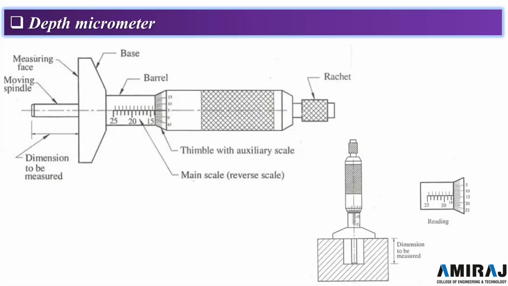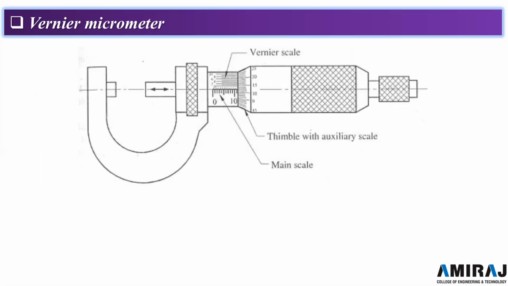The digital micrometer has only one digital indicator which directly reads the reading, similar to this vernier micrometer, and it has only simple on/off buttons or a reset button, so we can take the reading with simple use.